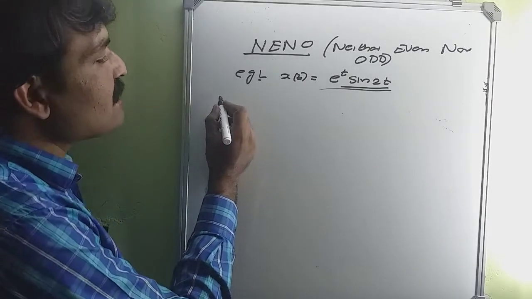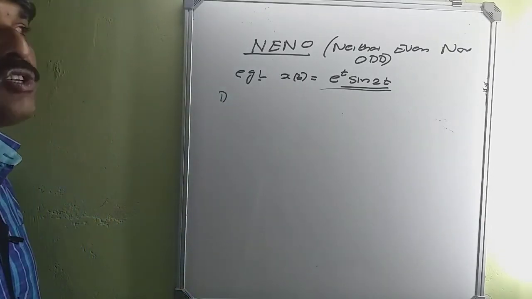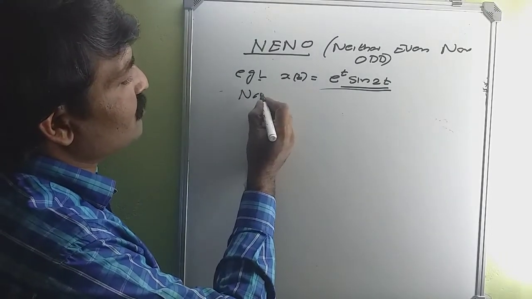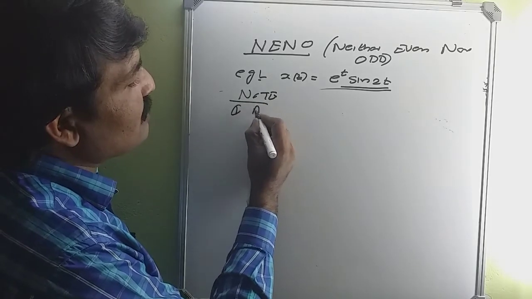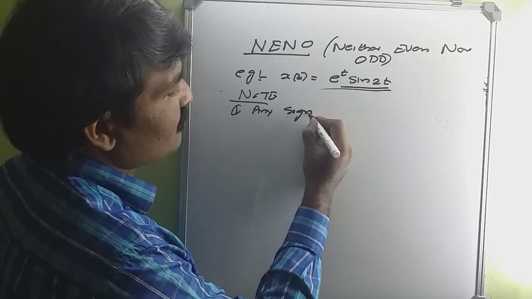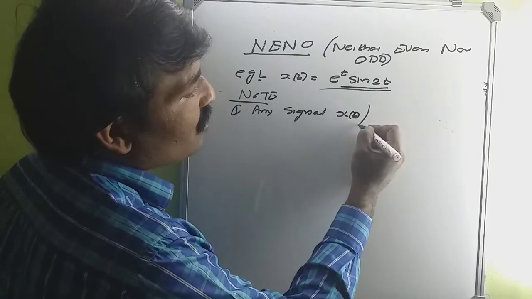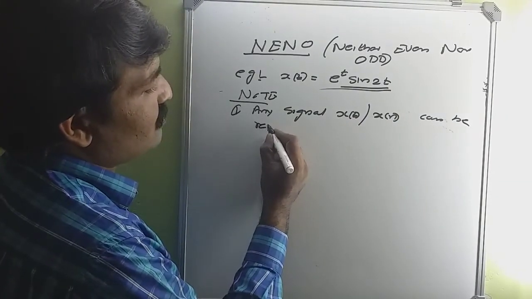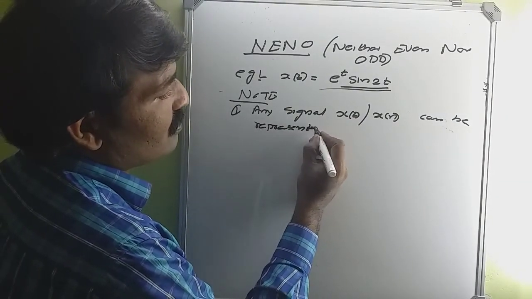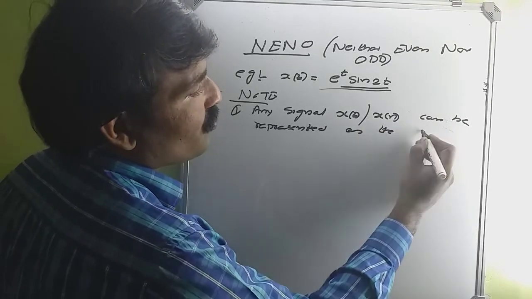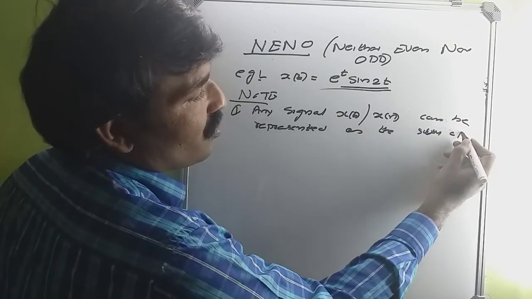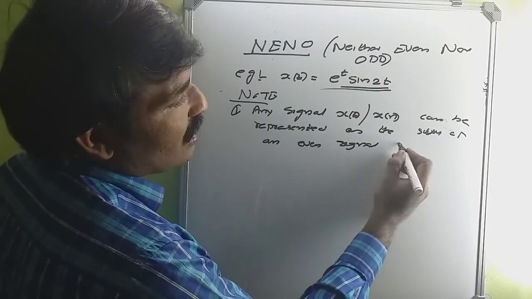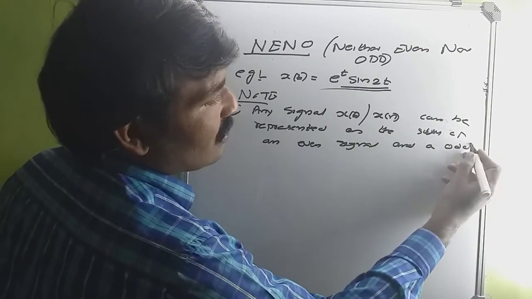Now, any signal can be represented as a sum of an even signal and an odd signal. So note, any signal x of t or x of n can be represented as the sum of an even signal and an odd signal.